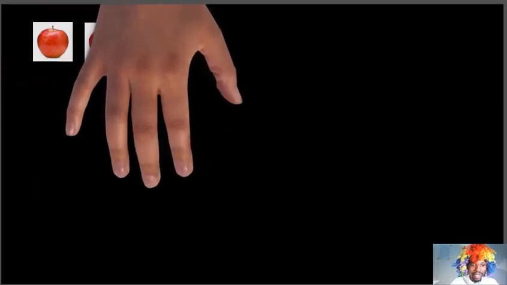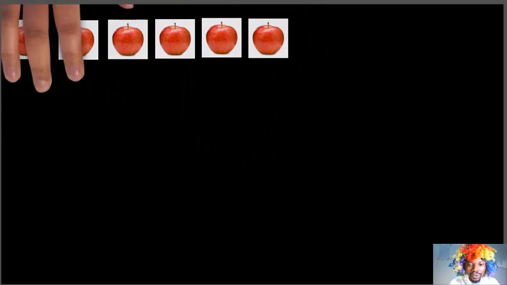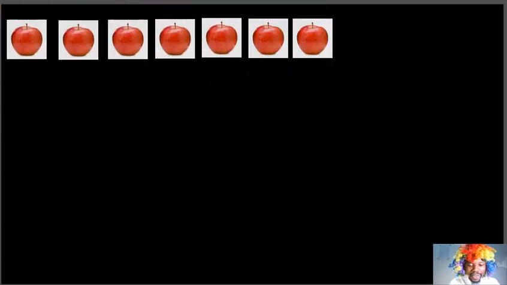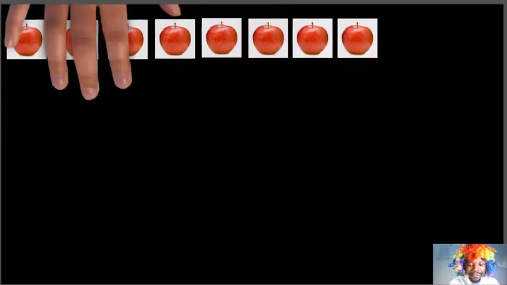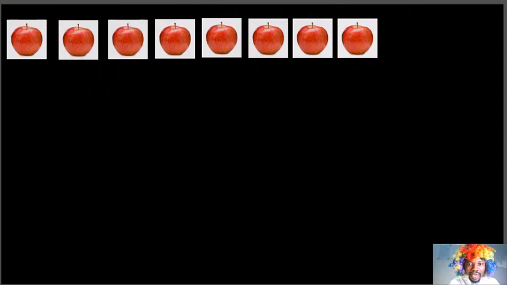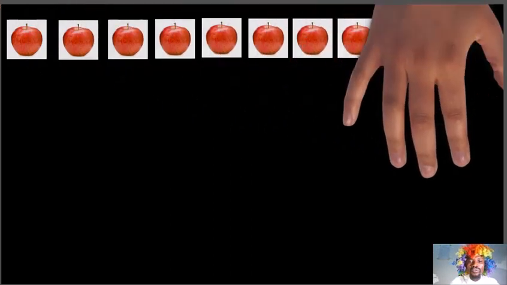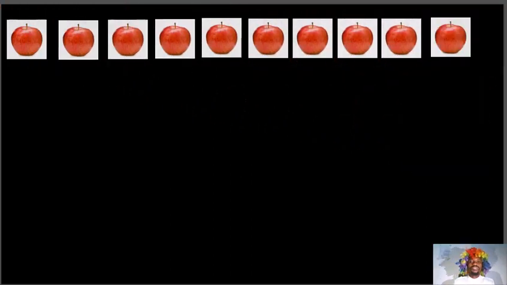The 3rd apple, the 4th apple, the 5th apple, the 6th apple, the 7th apple, the eighth apple, my ninth apple. Let's make it 10, the 10th apple. Good. So how many apples do we have here on the screen?